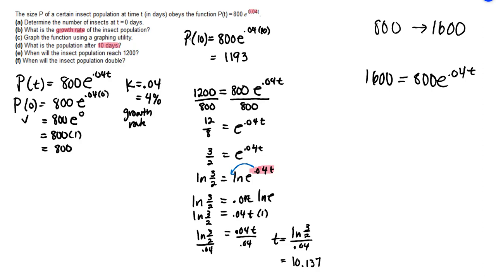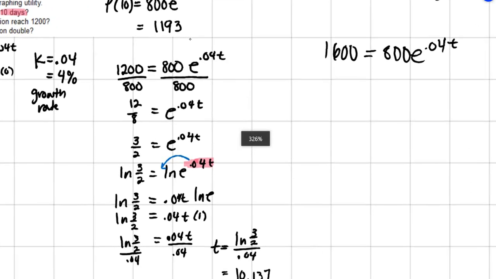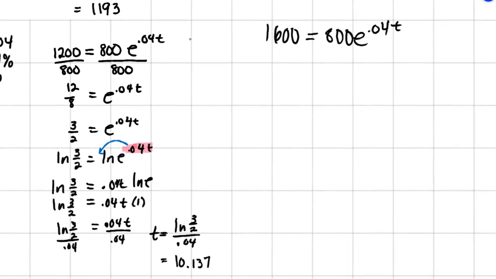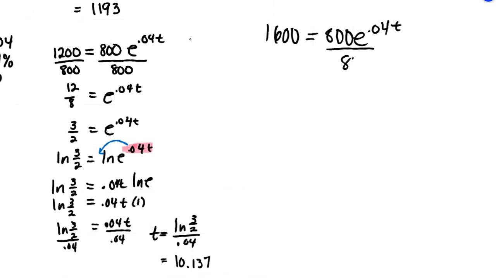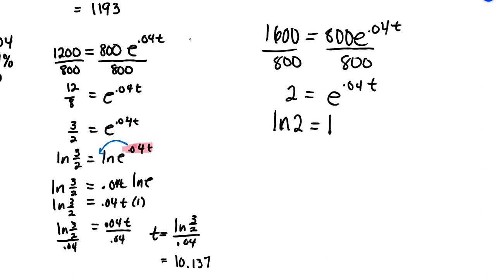I'm going to solve this just like I solved the other one that we just did. I would divide both sides by 800. 1600 over 800 is 2. The 800s cancel on the right, giving me e to the 0.04 t. Then I would take the natural log of both sides to solve that exponential equation.